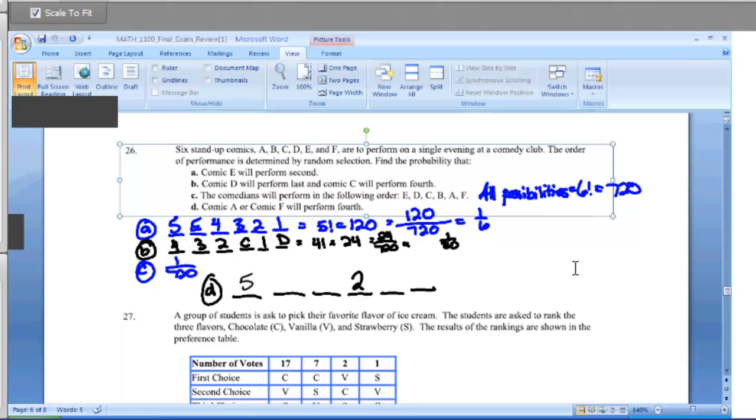So we've got 5, 4, 3, and then 2 and 1, with this first 2 being put there because that's either A or F. So there's 2 possibilities for this position. And then we work that out. We get 240. And again, we need to be thinking about that out of the total possibilities. So 240 out of 720 is going to give us 1/3 for our probability.